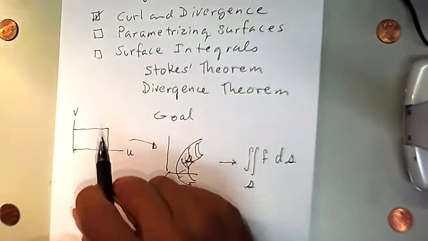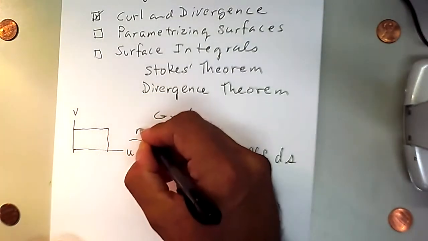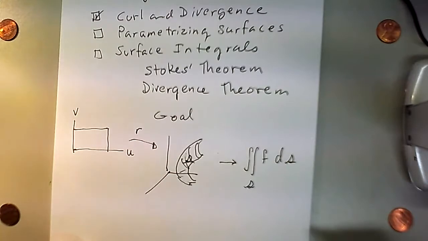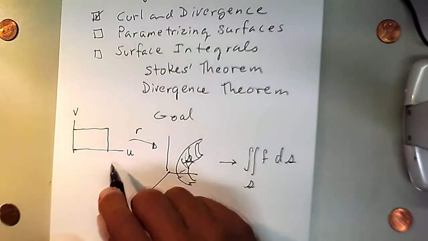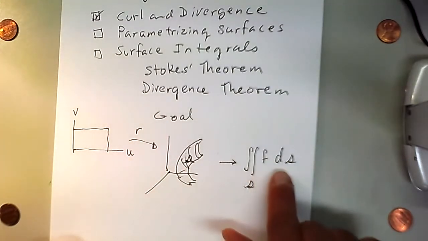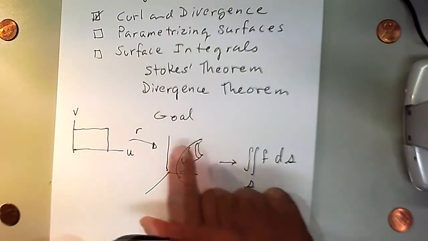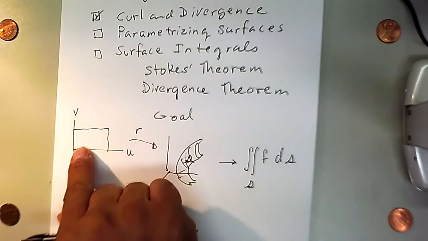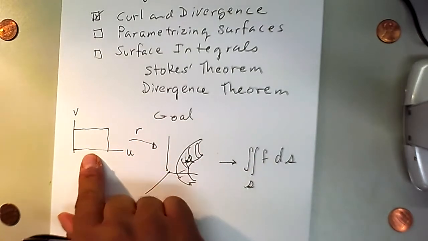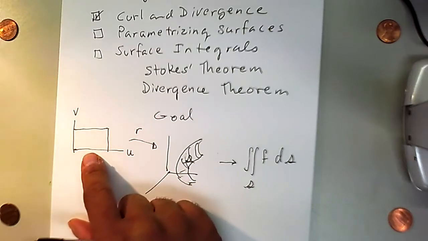We're going to find a function which we typically write as r. And then, instead of integrating over the surface, we can integrate over this rectangle, which is going to make things way simpler and easier.